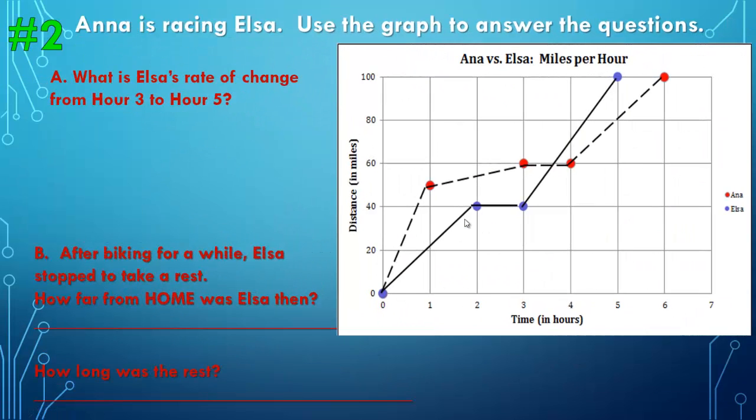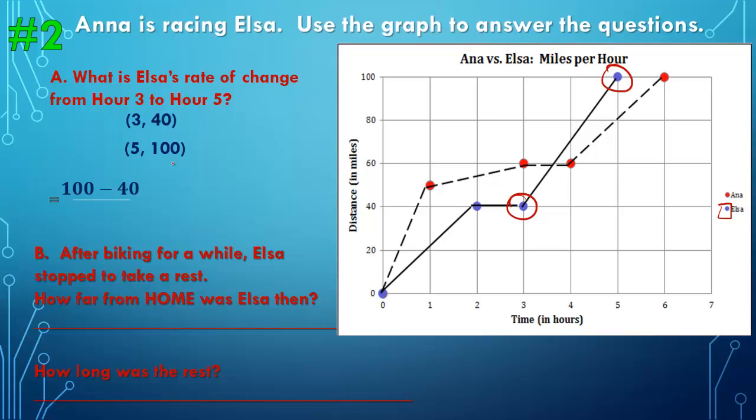Let's take a look at another one. Anna is racing Elsa. Okay, what is Elsa's rate of change from hour 3 to hour 5? So now you've got to look at Elsa, which is, again, the bluish purple. In hour 3 to hour 5, we've got our points 3, 40 and 5, 100. So again, remember y1 minus y2 over x1 minus x2.